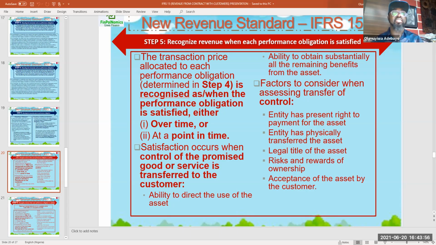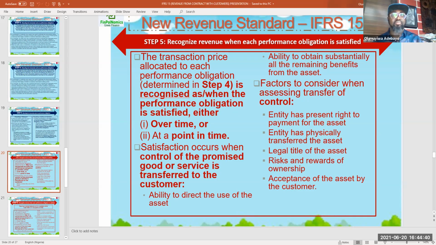And each phase, upon completion, they are entitled to receiving 25%. It then means that as they complete phase 1, even if phase 2 is still ongoing, the firm would proceed to recognizing revenue of 25% of the allocated transaction price. And by the time they complete phase 2, they recognize the next one up to the complete phase 4, which means such scenario depicts that revenue is recognized over time.